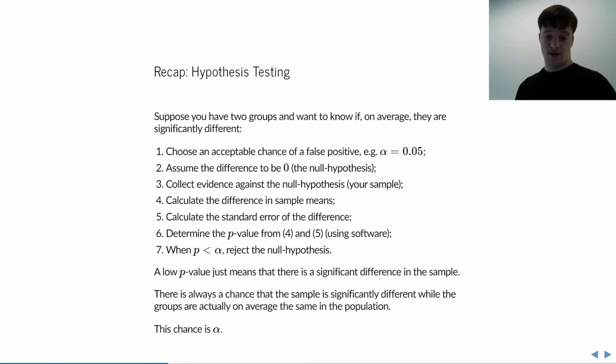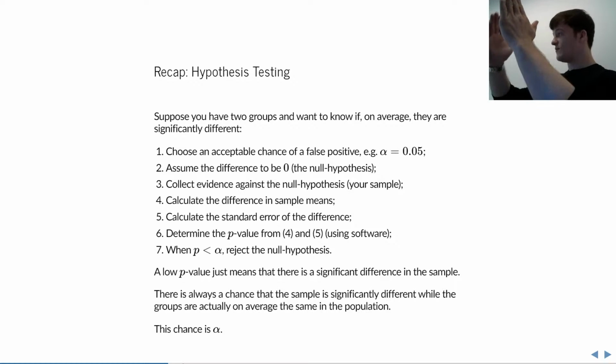So then, for a t-test, you would calculate the difference in sample means. And you say, okay, this is how large the difference actually is. Is that significantly non-zero? Well, the way to do that is to compute a standard error of this difference, and then we divide the difference in means by the standard error, which gives us a t-value.